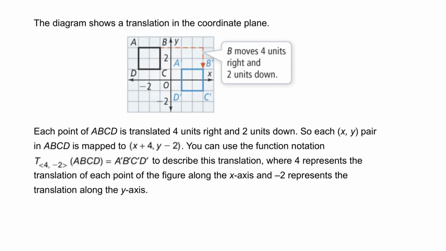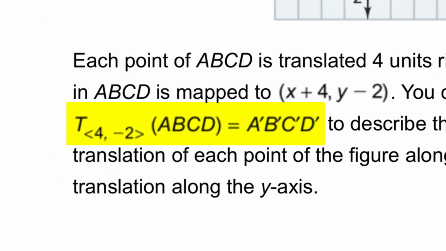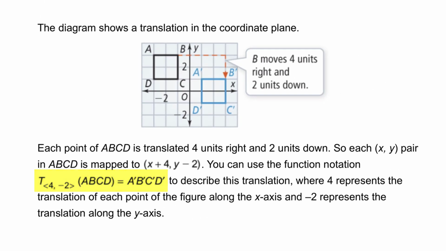You can use the function notation, capital T subscript <4, negative 2>, in these symbols, the less than and greater than sign, of quadrilateral ABCD equals A prime, B prime, C prime, D prime, to describe this translation, where 4 represents the translation of each point of the figure along the x-axis, and negative 2 represents the translation along the y-axis.